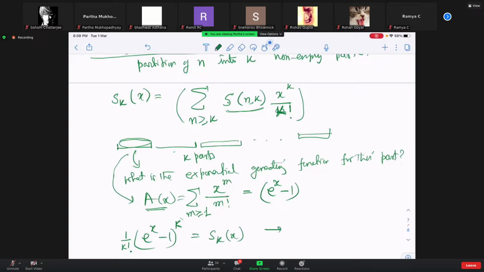So that's x to the power m, and since it is an exponential generating function, you are dividing by m factorial. But there is no other action. There is no a_m; a_m is 1. You are not doing anything there. Earlier, we were doing a lot of things because we had to. We were placing the colors in the hands of the students. But here, there is no action.